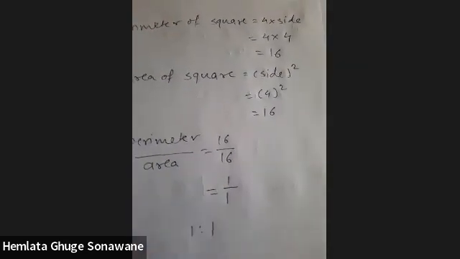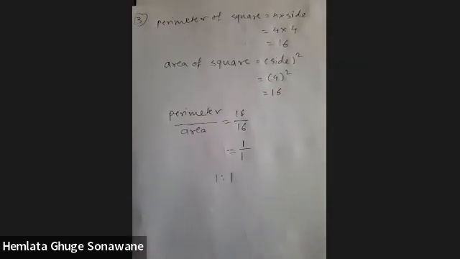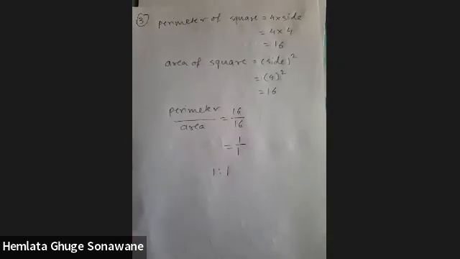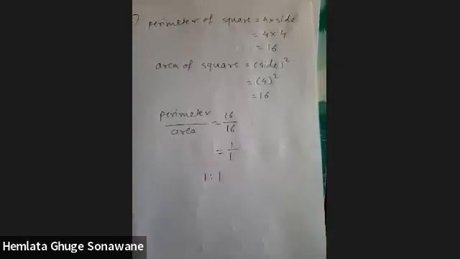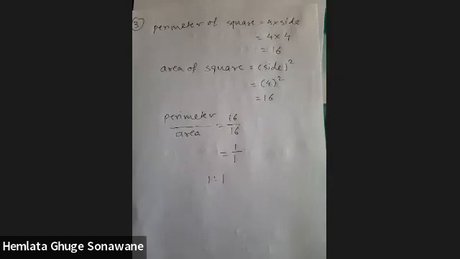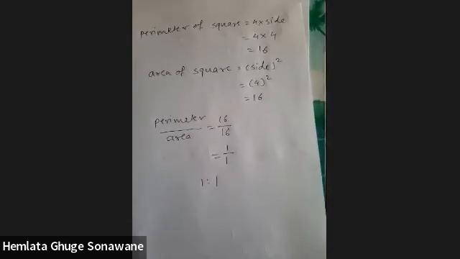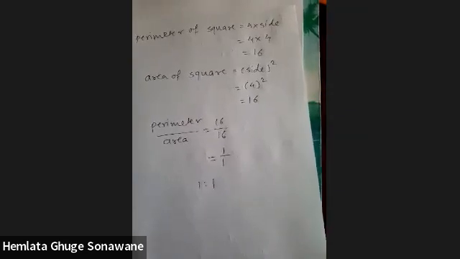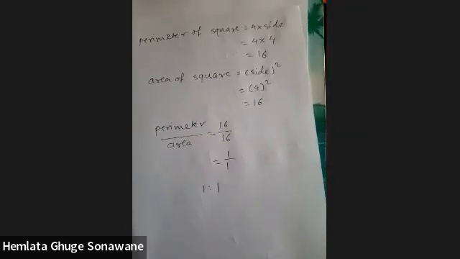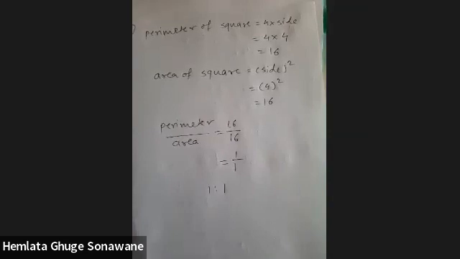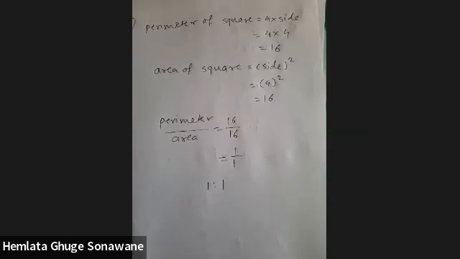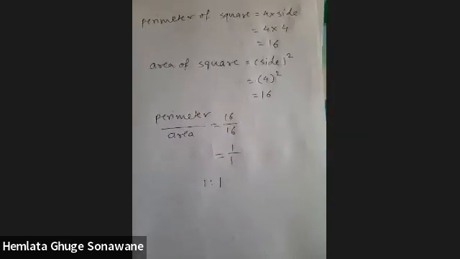So the ratio is 1 is to 1. Here the side of a square is given. We have to find out the perimeter of a square, the area of a square, and then the ratio of perimeter to area.